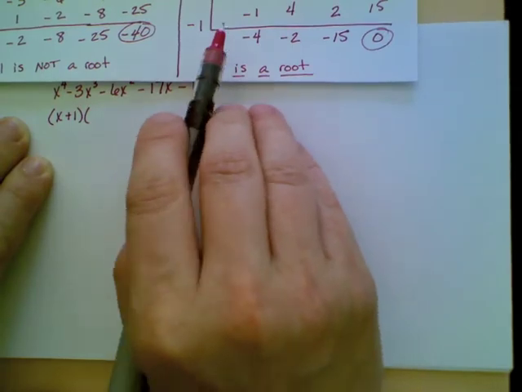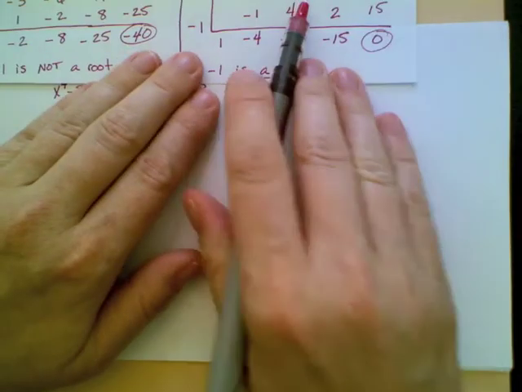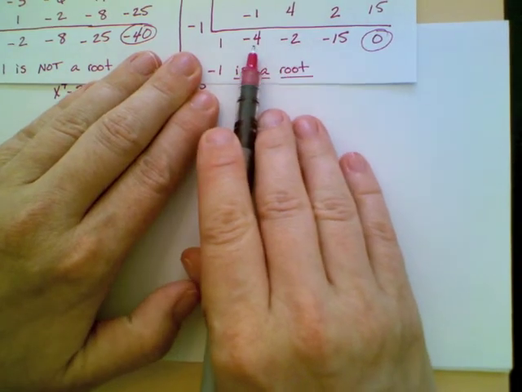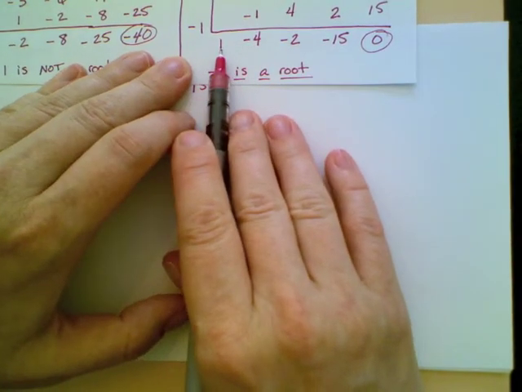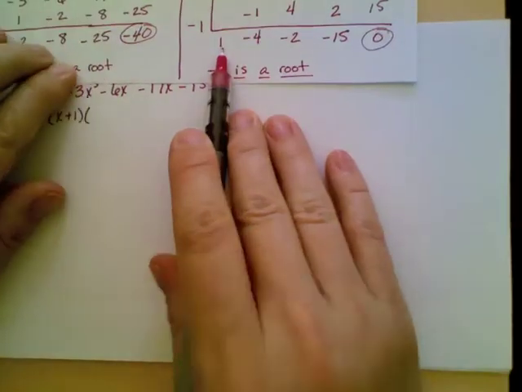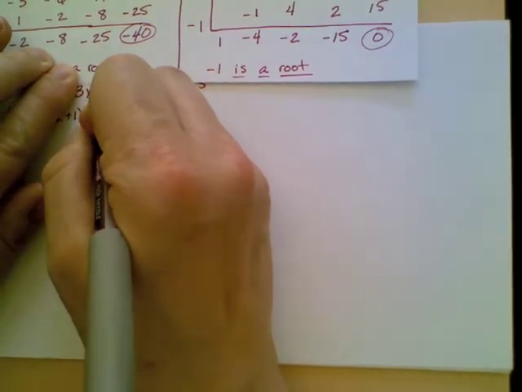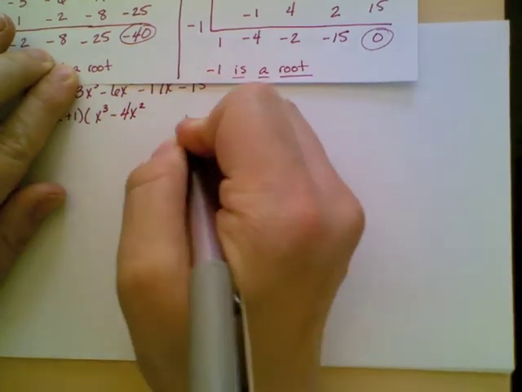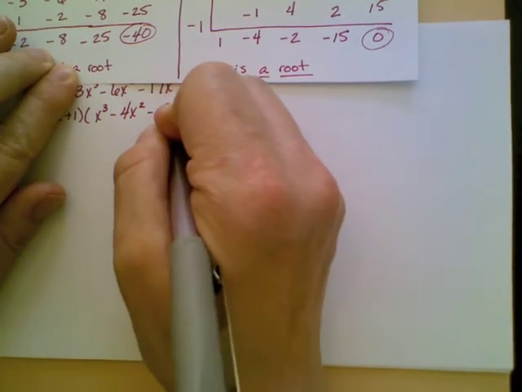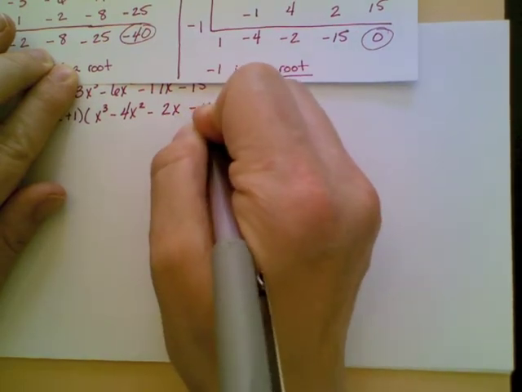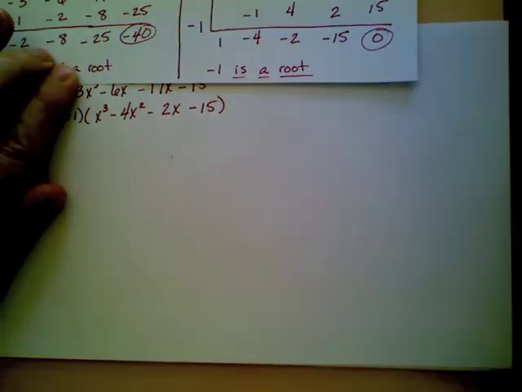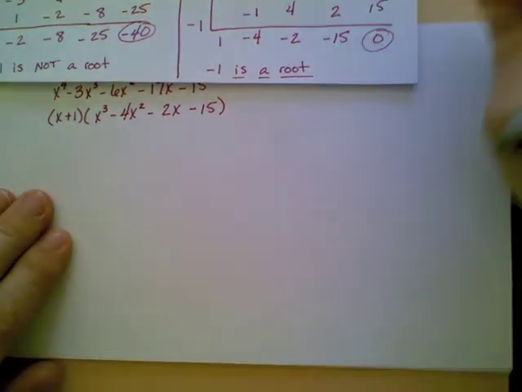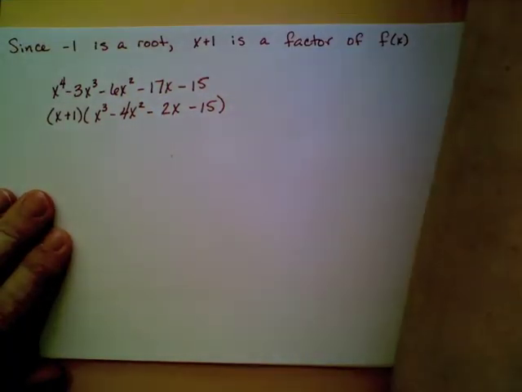So this is a constant term, this is an x term, this is an x squared term, and so this is an x cubed term. So I've got x cubed minus 4x squared minus 2x minus 15. And of course that represents the remainder, which is what makes this divide evenly.